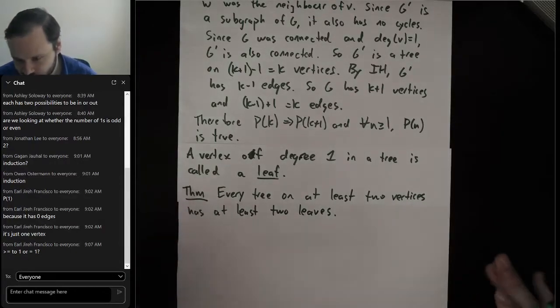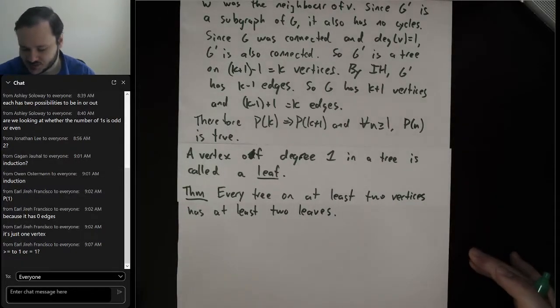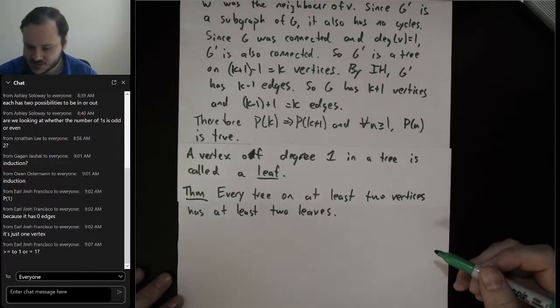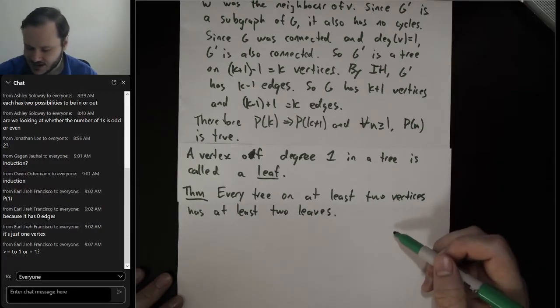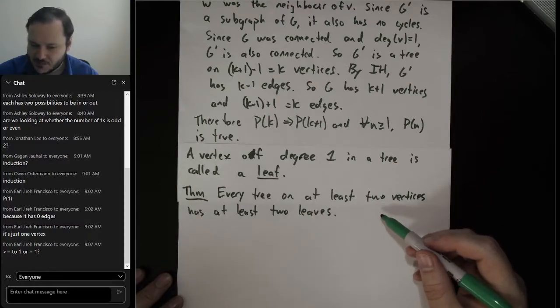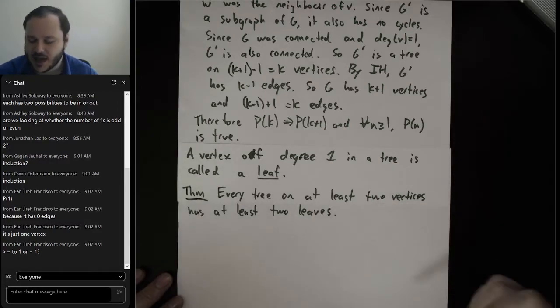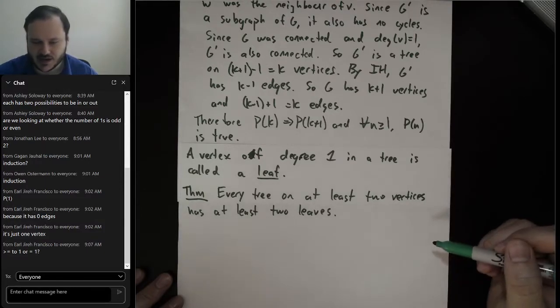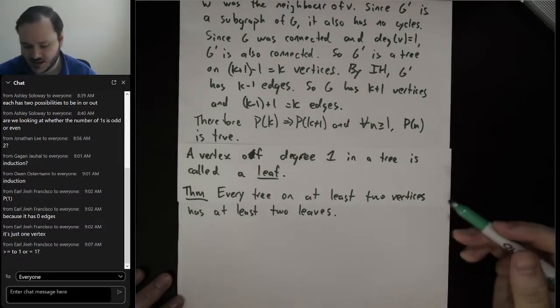I'm not going to prove this one in the interest of time, but you can sort of see how it would make sense. I start with a vertex. As soon as I add another vertex, I have 2 leaves. And then when I add another vertex, one stops being a leaf, but I always get a new leaf. Anytime I add a vertex to the end of something, because I can't complete a cycle, I'm always getting a new leaf.